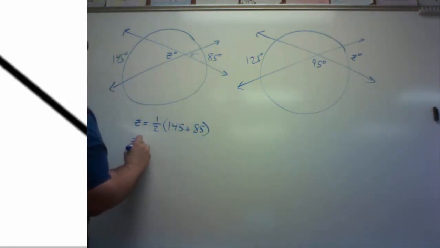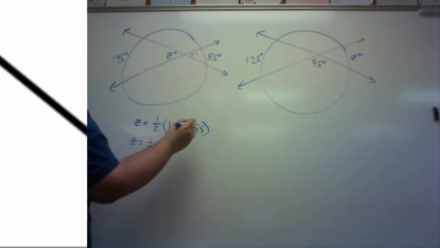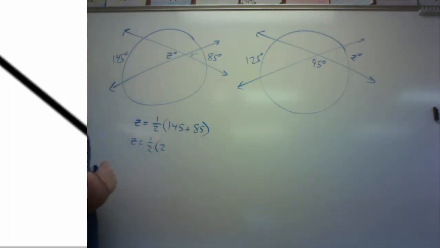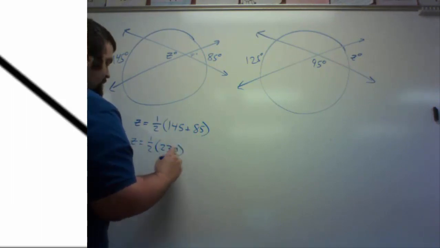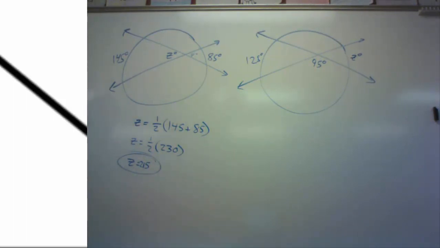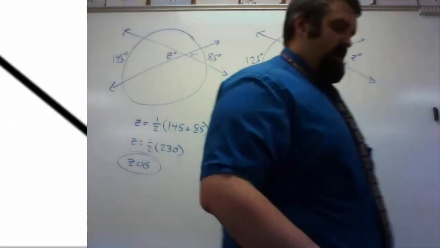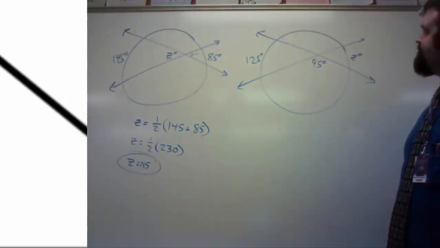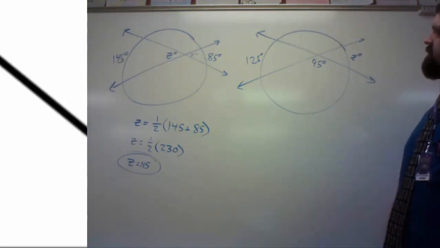Well, z equals half of 230. Half of 230 is 215. Yes. And why did I say 215? 115. Whoopsie.